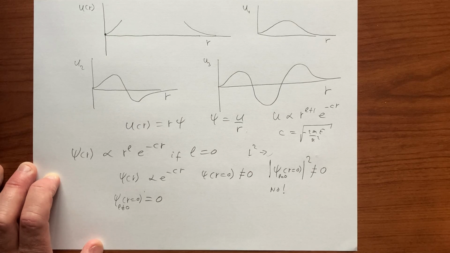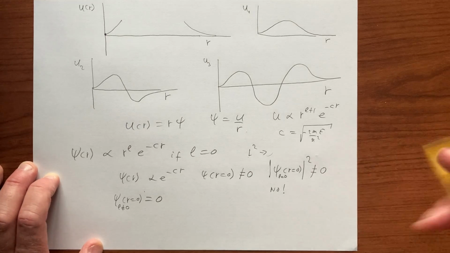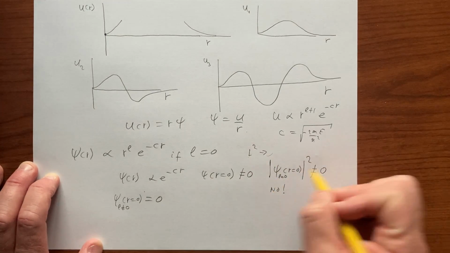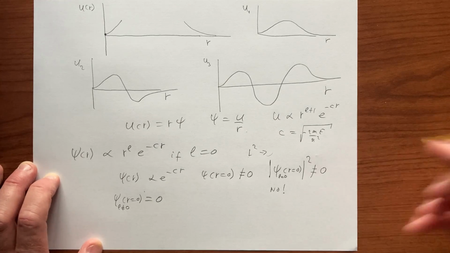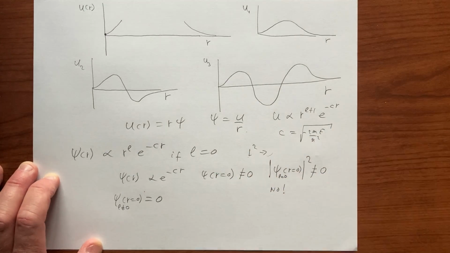And so we can see directly that the wave function and the probability density are 0 at r equals 0. And so when we integrate that to find the probability of the particle being in the region near r equals 0, we'll basically get 0.